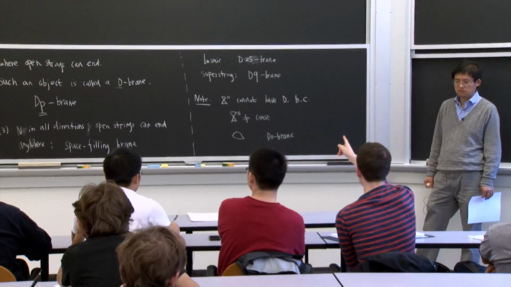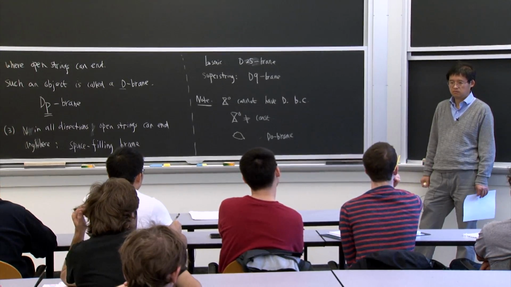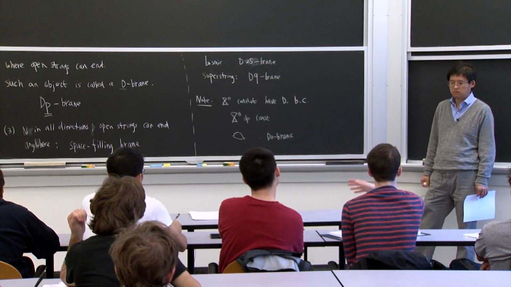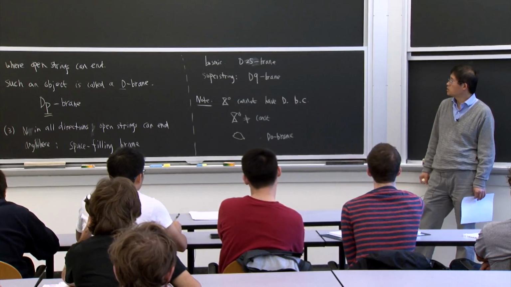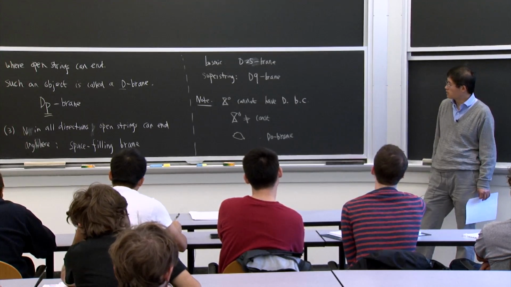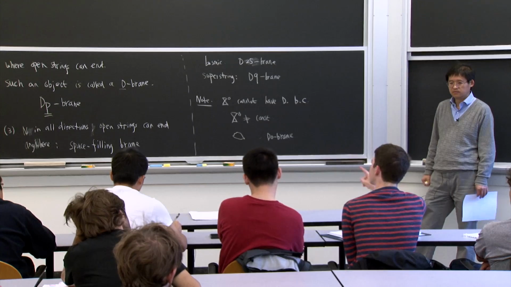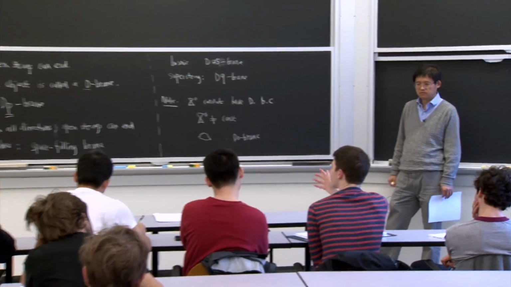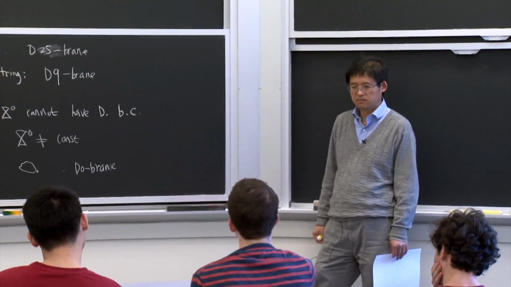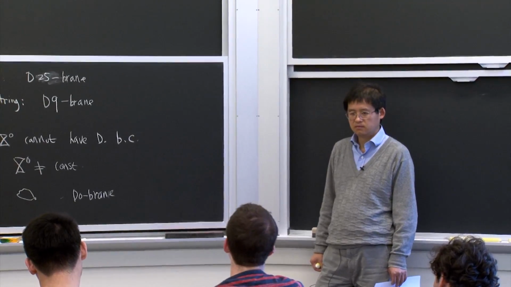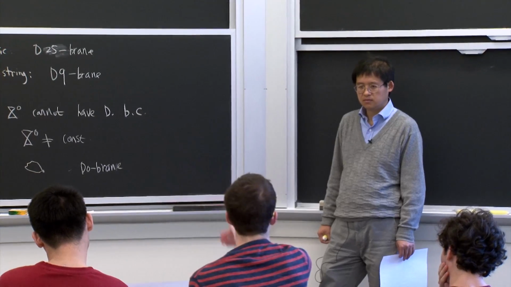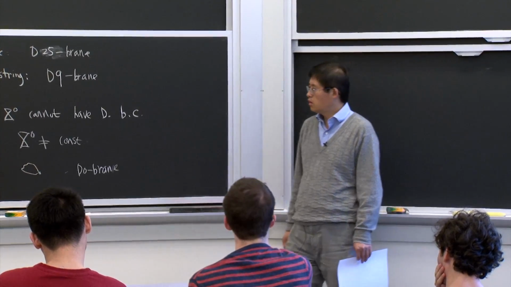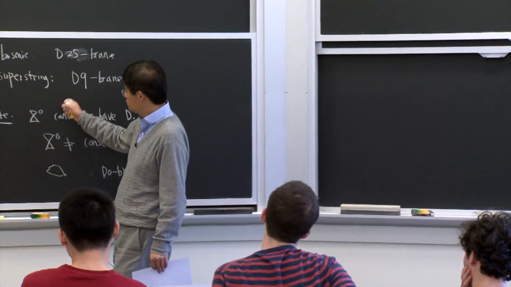Does this thing behave like a 24 brane? Does it have the same properties as a 24 brane or something like that? Sorry, which you mean, 25 brane? So what I'm saying is that it seems that the Neumann boundary conditions have a different character, a different flavor of how they work, than the Dirichlet boundary conditions. So it just seems strange to me that you would still call it a brane, like a D25 brane, when you impose the Neumann.